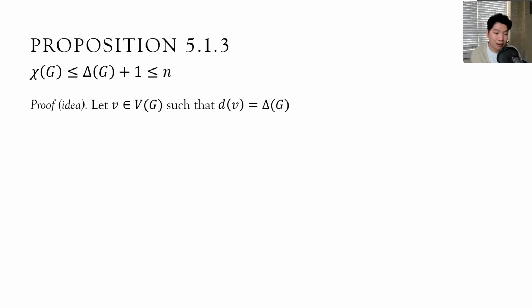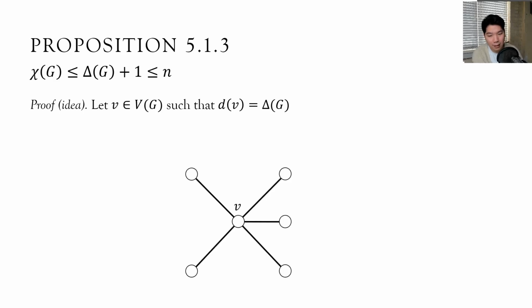Let's say it looks something like this, just for the sake of our example, we have a vertex V with 1, 2, 3, 4, 5 neighbors. What we're going to do here is, for V, assign it the color 0. I know usually we start with the color 1, but to make our proof a little bit cleaner in the writing, let's start off with the color 0.